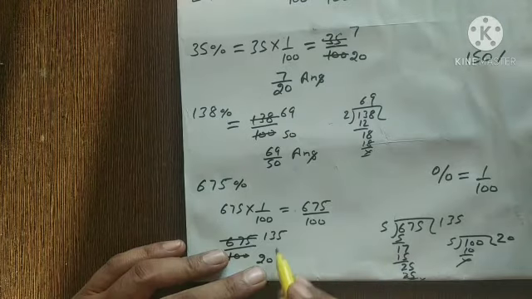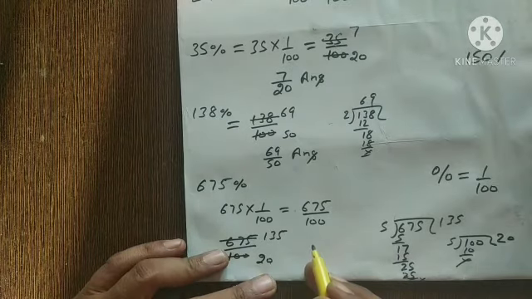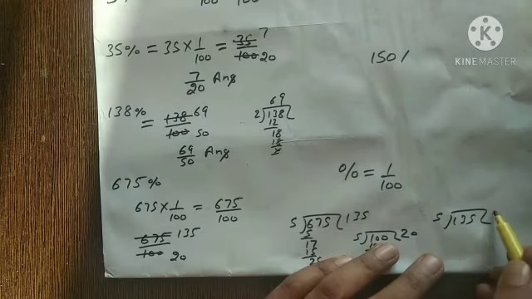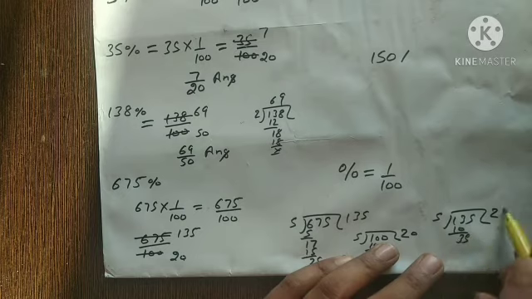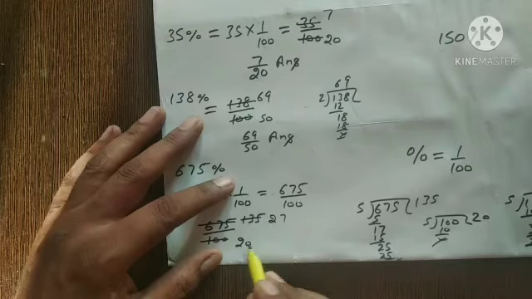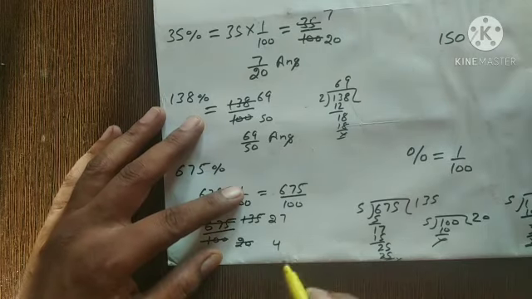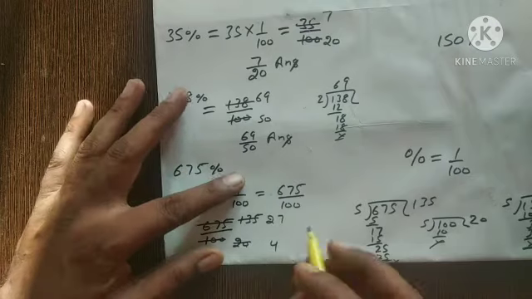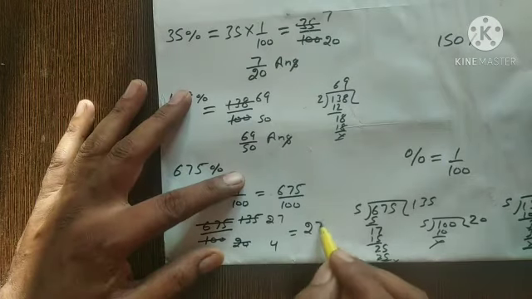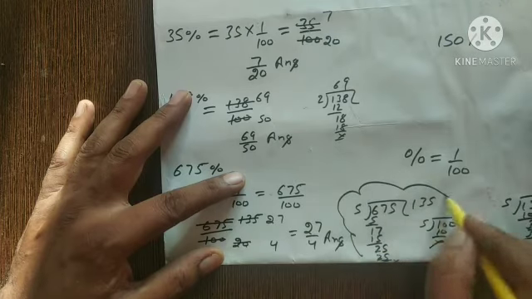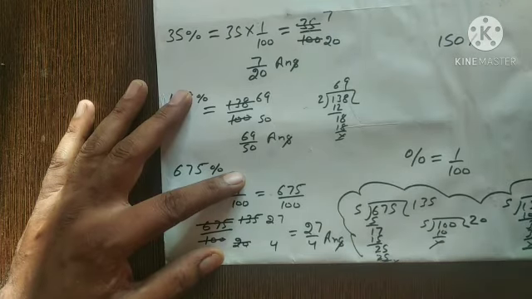Now 135 and 20 again are both divisible by 5. Now 135 divided by 5 is 27, and 20 divided by 5, the answer is 4. Now 27 and 4 are in the lowest term because 27 and 4 have no common factor. So the answer is 27 by 4. All this is the rough work for your concept clarity.